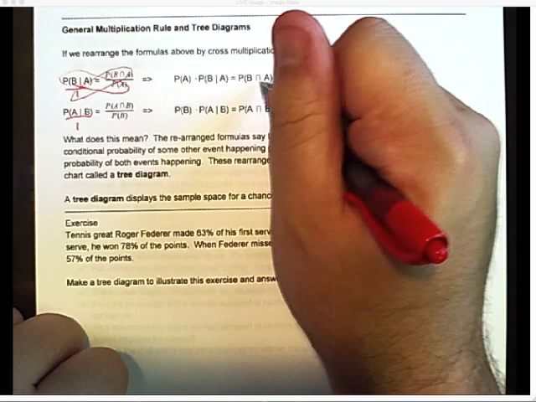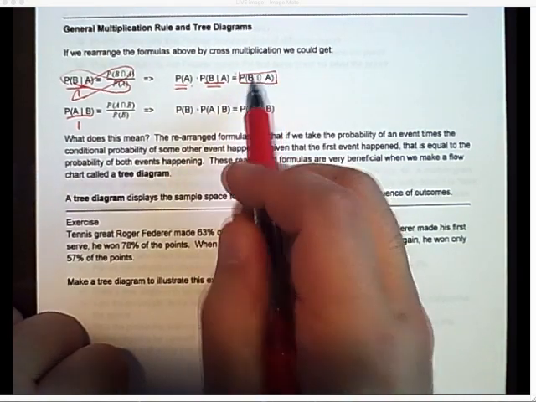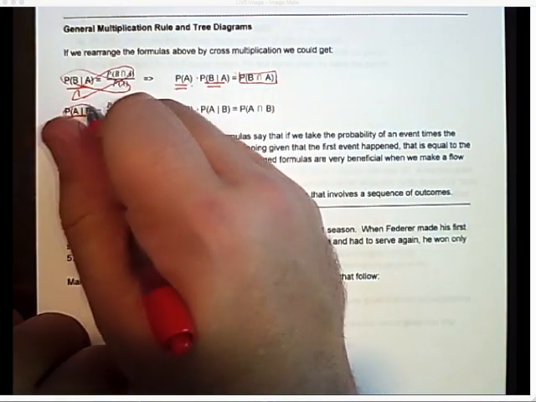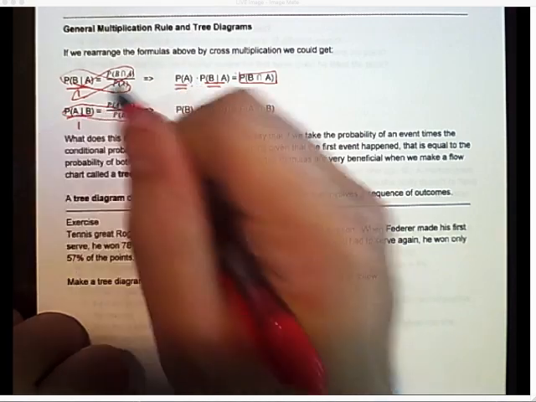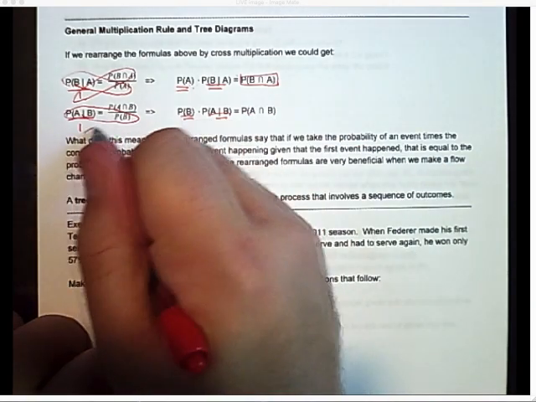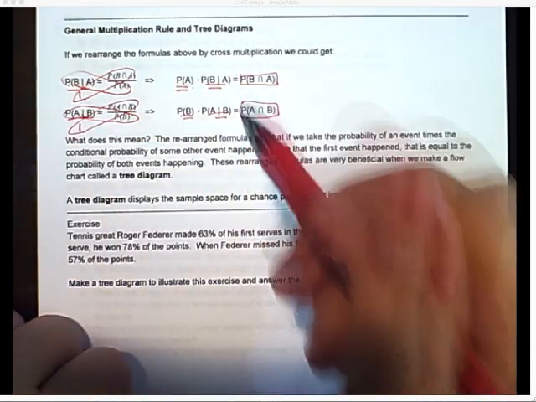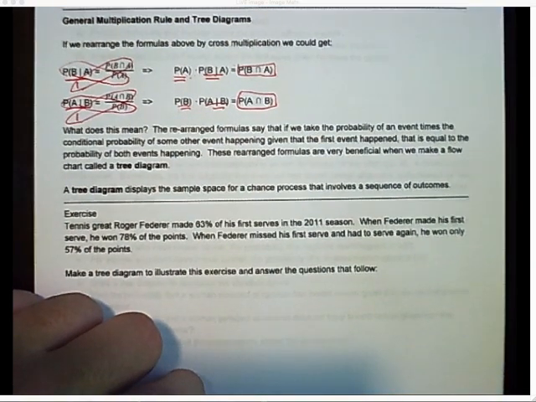So if we don't know the intersection, but we do know this and we know this, then if I multiply these things, it's going to give me the intersection. Same way over here. If I take this times that, okay, it can tell me what the intersection is. And this is going to be really useful for a visual that we're going to make called a tree diagram.